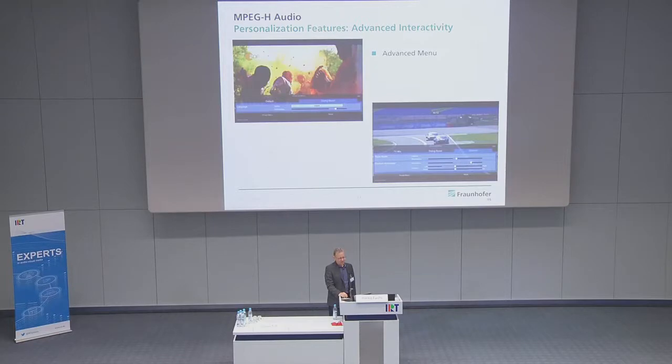And the next would be an advanced menu, where you can then manually select languages, have some dialogue enhancement, change the balance between dialogue and background, or especially towards sports programs, you can select additional tracks, like in car racing, the team radio. You can move, for instance, the commentary to another loudspeaker if you like. If it's the stadium announcer, you could push it upwards if you have a 3D sound system. You can manually adjust the gain of different objects.